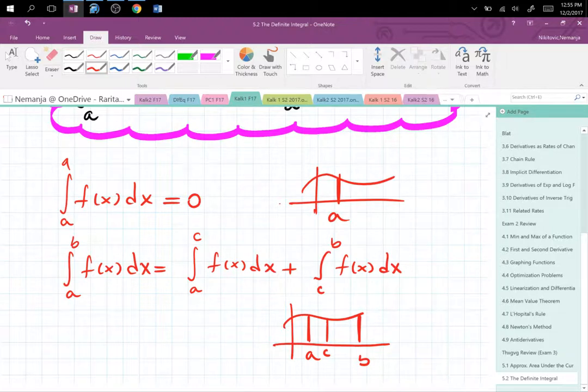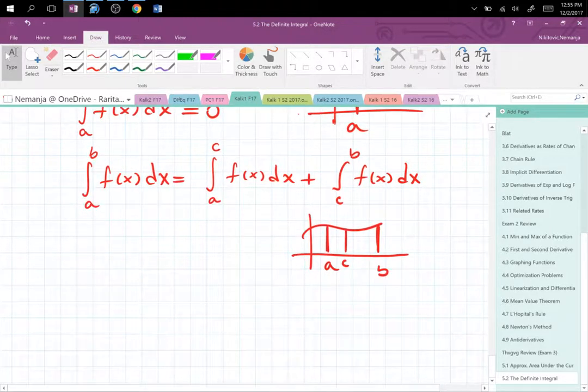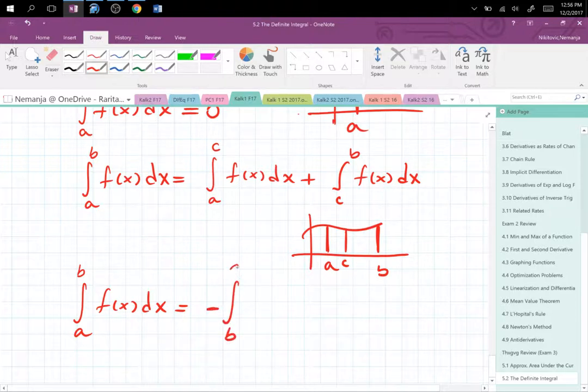And there is this other cute formula which says that the integral a to b of f of x dx is the same as negative integral b to a of f of x dx. So if you swap the limits, you put the lower limit up and upper limit down, the integral picks up the minus sign.